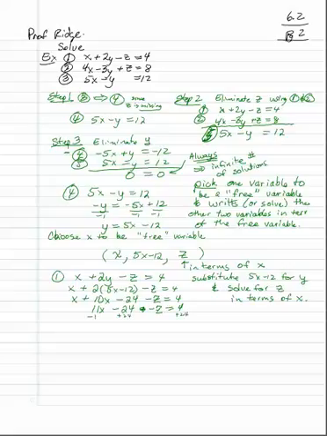I'm going to subtract 11x to the other side. So I got negative z equals 28 minus 11x. And then I'm going to divide by negative 1. So z equals, let's write it so the x is first, positive 11x minus 28.